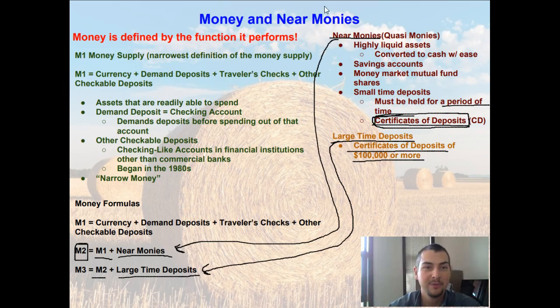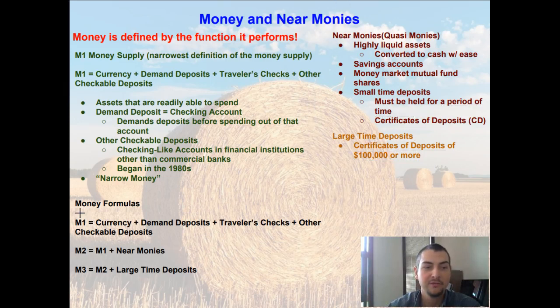So let's go ahead and recap these different money formulas, these different definitions of money. The M1 money supply is equal to currency, demand deposits, traveler's checks, and other checkable deposits. Basically, the type of assets that we can literally go and buy something with, whether it be a debit card or a check, a traveler's check, one of these other checkable deposits, or even currency.